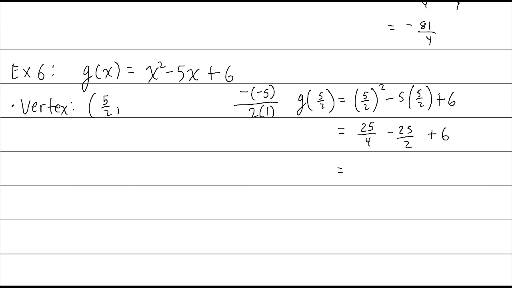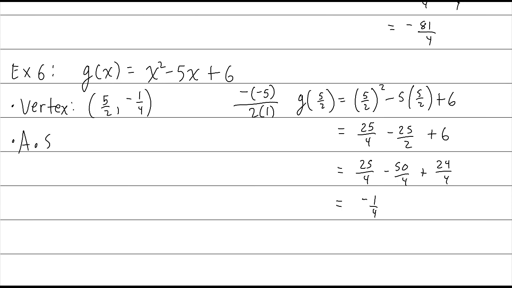Common denominator of 4 again. 25 over 4 minus 50 over 4 plus 24 over 4. 25 over 4 minus 50 over 4 is negative 25 over 4, plus 24 over 4 is negative 1 over 4. Negative 1/4.